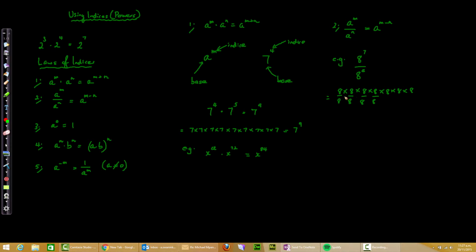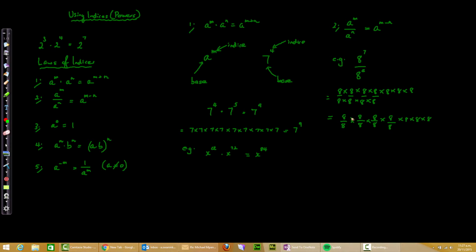Now I'm deliberately just showing there those 4 8s. What about the times in between? Well, we can put that, but that means the same as this: 8 divided by 8 times 8 divided by 8 times another 8 divided by 8. I know this is a little tedious, but bear with me. And then we've got these 3 8s being multiplied together left over.